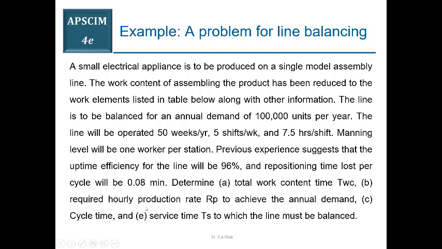RP is the required hourly production rate to achieve that particular annual demand of 100,000 units per year, ठीक है ना. सो RP आपने फाइंड करना है, एंड अकॉर्डिंगली आपके पास साइकिल टाइम आ जाएगा. बिकॉज RP और साइकिल टाइम का जो रिलेशन मैंने आपको बताया था, इन्वर्स रिलेशन है. तो TC इज़ इक्वल टू 1/RP या RP इज़ इक्वल टू 1/TC. और अगर लाइन लॉसेस गिवन है तो फिर आप उस E फैक्टर से मल्टीप्लाई करते हैं.